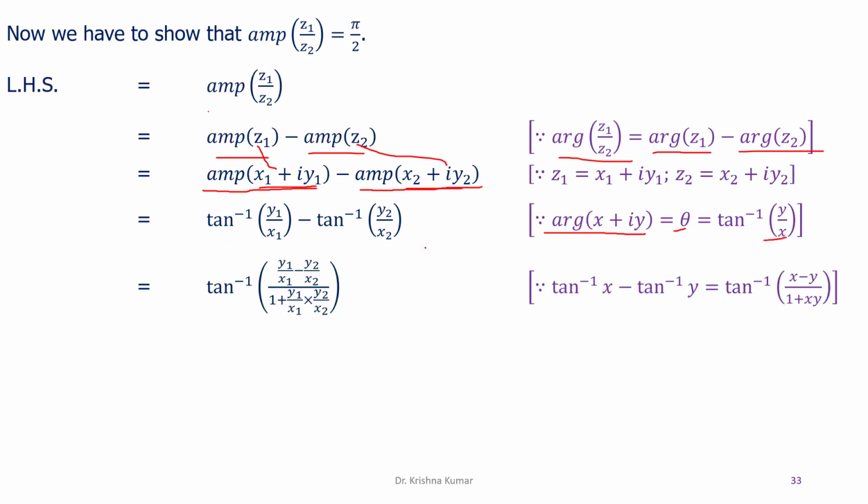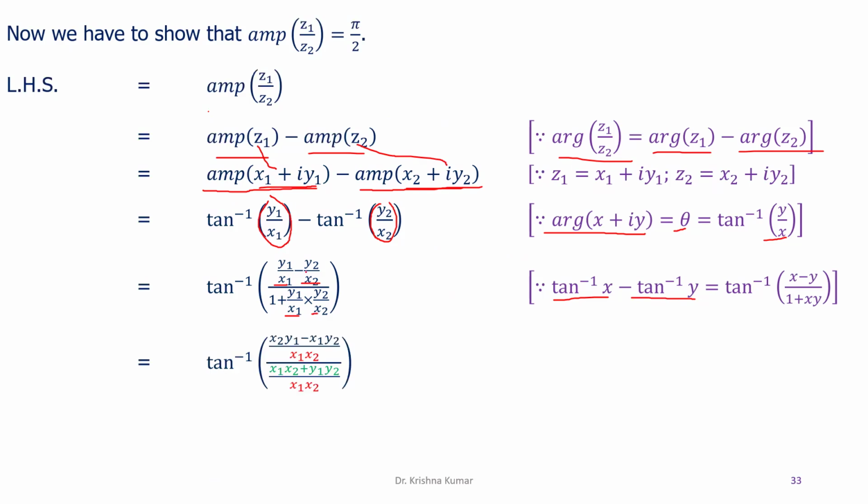Again, we know that there is a formula for tan inverse of x minus tan inverse of y, which is given by tan inverse of (x minus y) upon (1 plus xy). So here in place of x, it is y1 by x1, and in place of y, it is y2 by x2. So y1 by x1 minus y2 by x2, divided by 1 plus y1 by x1 into y2 by x2.